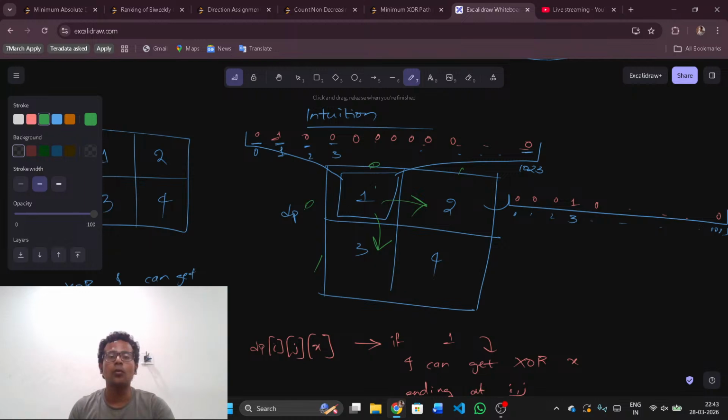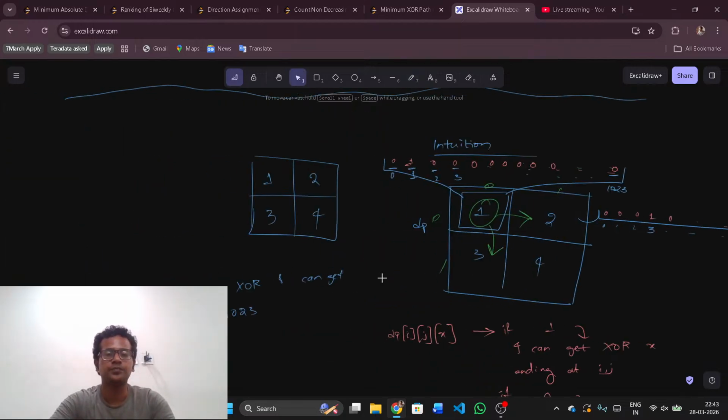I can not only get XOR 1 here. I'll tell you by taking a larger example, but understand what I am going to tell you. Here, there might be another value x where we can get the XOR. I'll tell you when I get to 4. Till then, please understand what I am doing here.